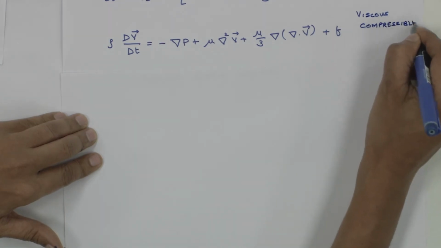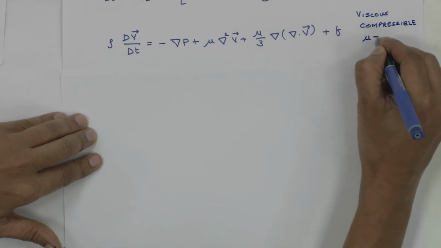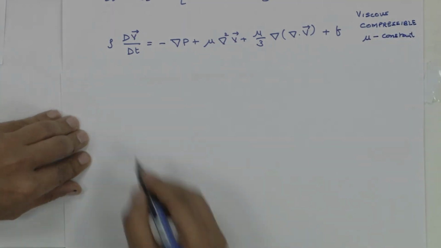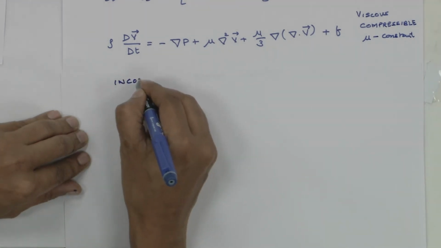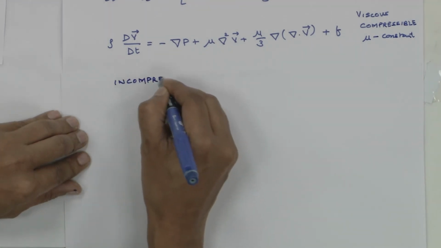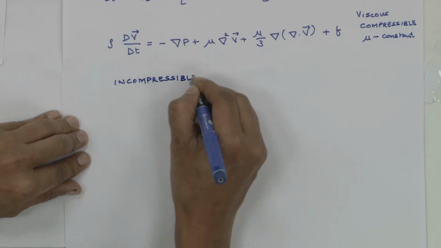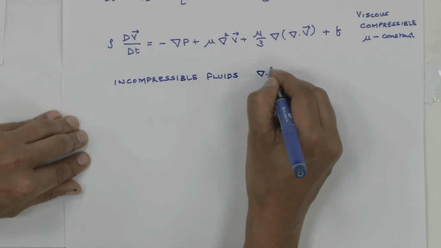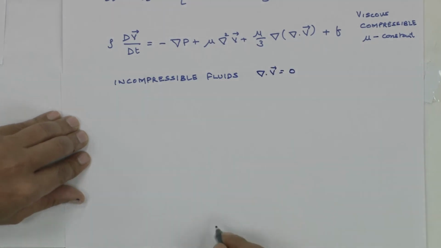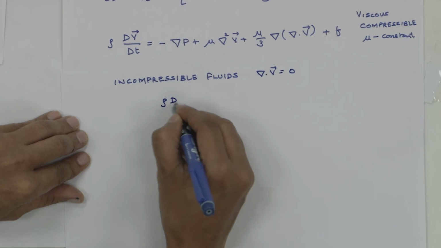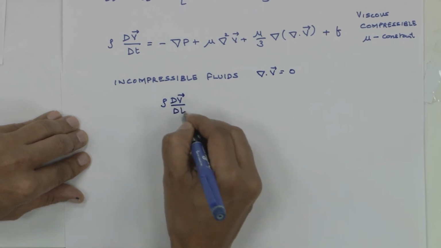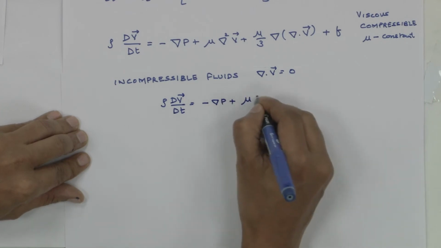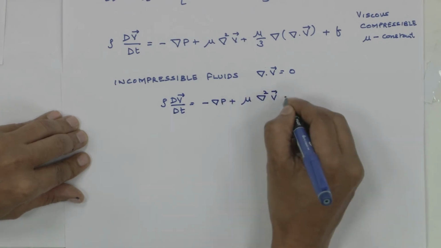The only assumption I have made is that viscosity is constant. Correct? Now, if I write this for incompressible fluids, we know that for incompressible fluids, del dot V is equal to 0. So my equation reduces to rho dV by dt is equal to minus del P plus mu del squared V plus F.